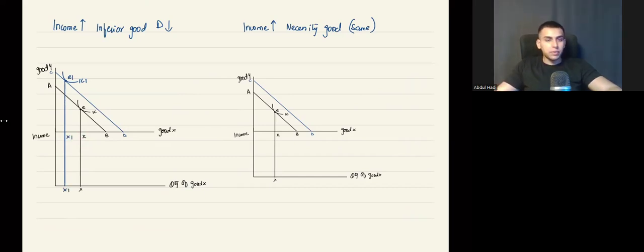Now there is a negative relationship between income and inferior good, so my YD curve will be like this. Previously, if my income level was Y, I was consuming quantity X at this point; due to an increase in income, my consumption of good X will fall. Everything clear?